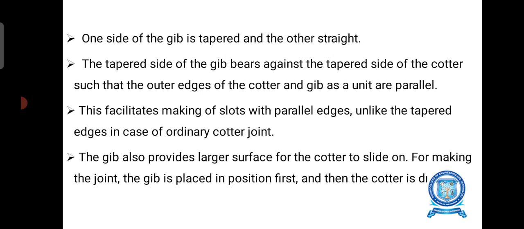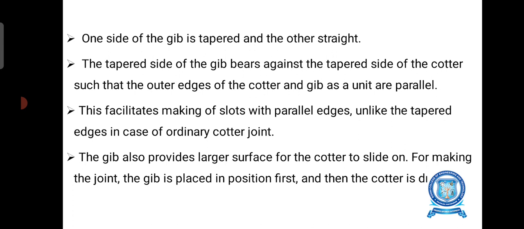One side of the gib is tapered and the other straight. The tapered side of the gib bears against the tapered side of the cotter such that the outer edges of the cotter and the gib as a unit are parallel.